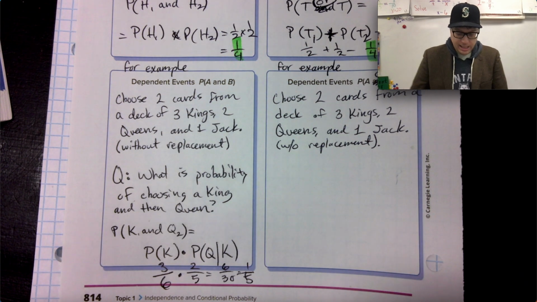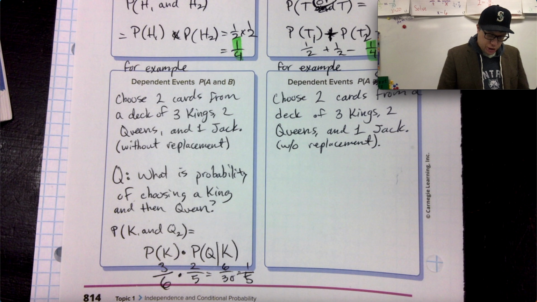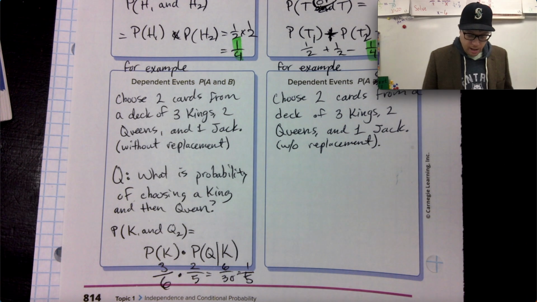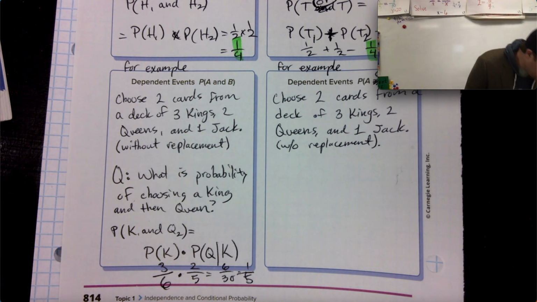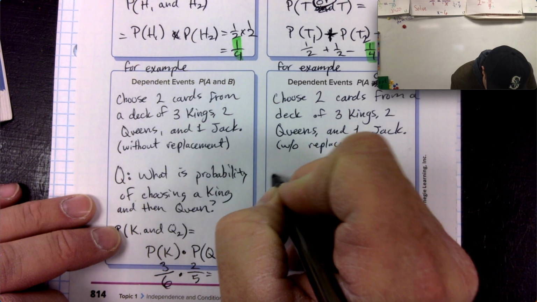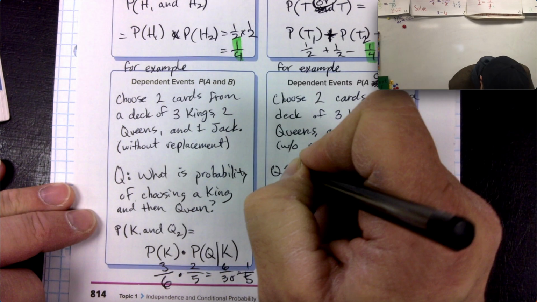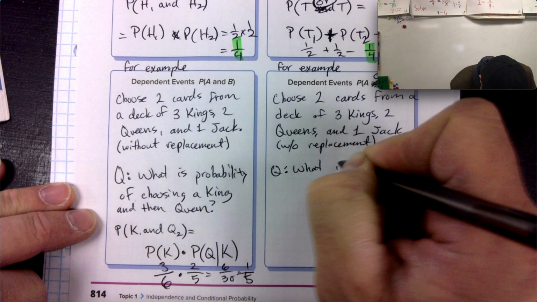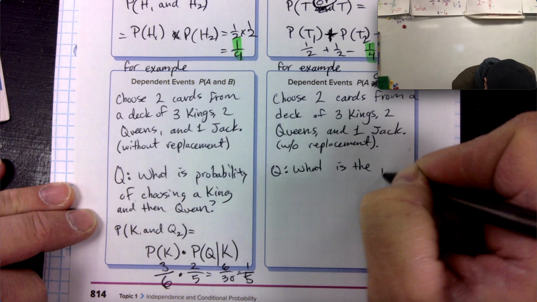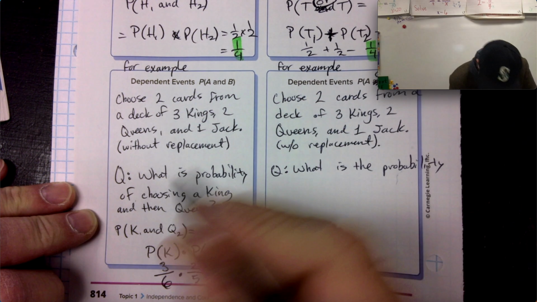Let's do the next one. The next one is the same scenario without replacement, drawing cards, and choose 2 cards from a deck of 3 kings and 2 queens and 1 jack. What is the probability that is visible on the screen? Yes.